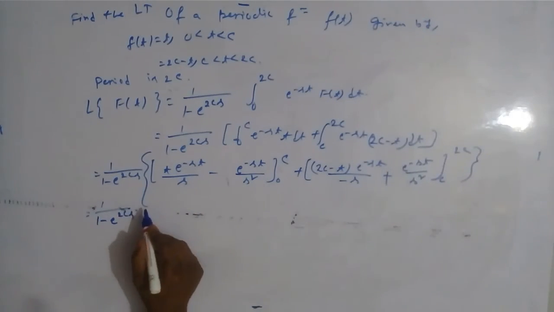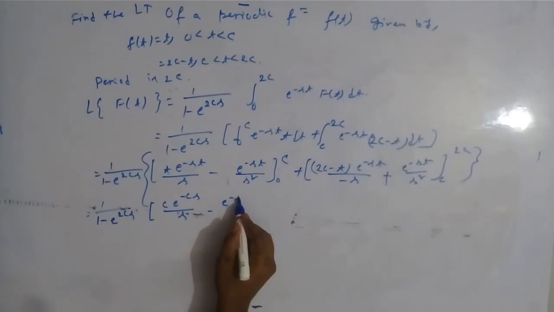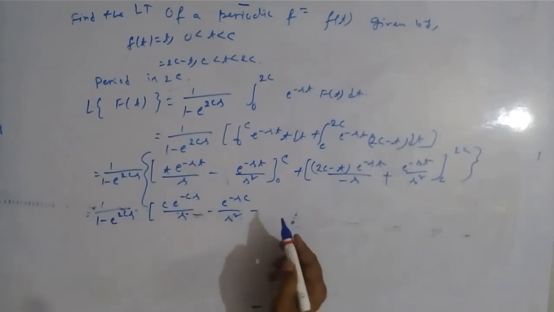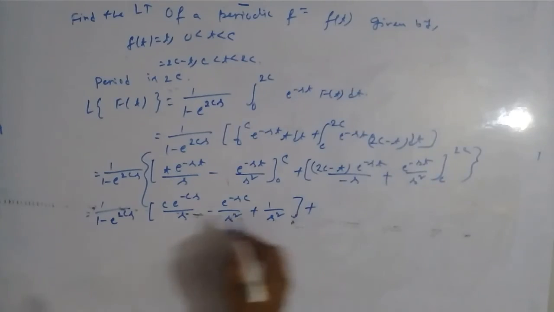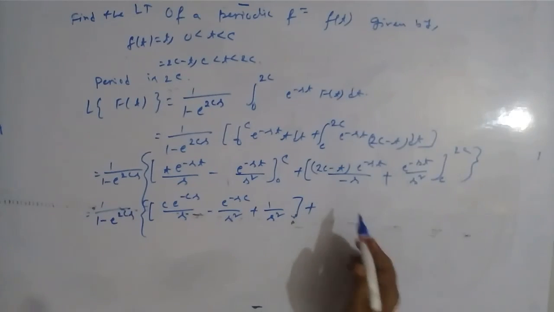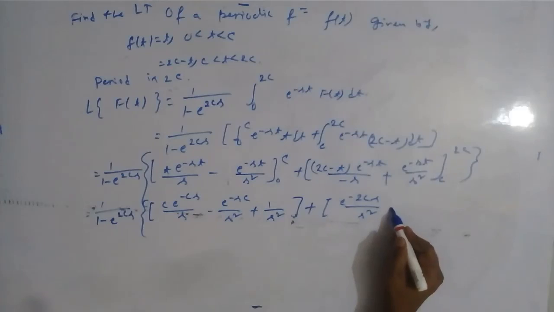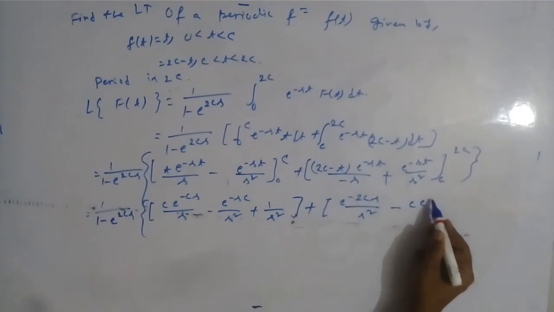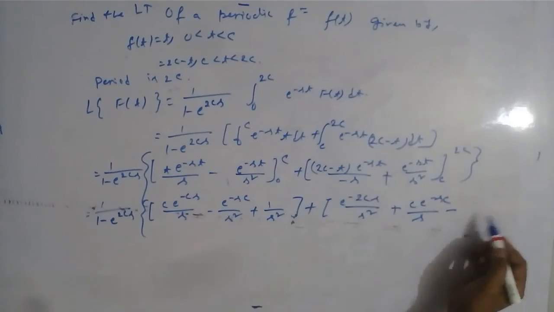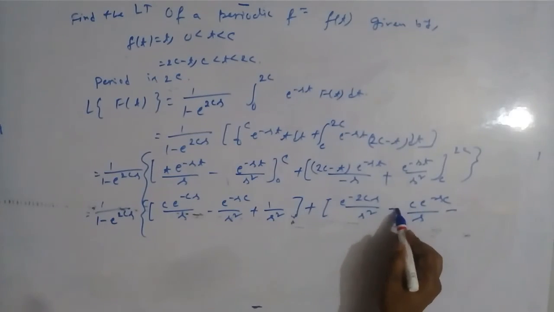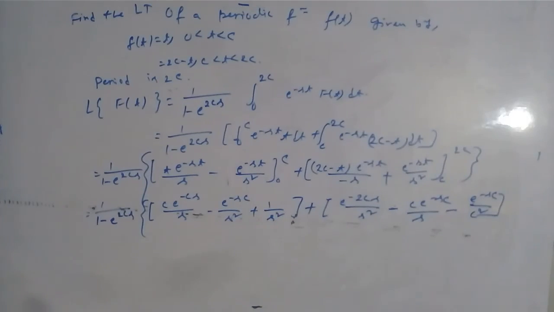If we put c here, it will be c e to the power minus cs by s minus e to the power minus sc by s square, minus, after putting 0 it will be 0 and 1 by s square, plus, after putting 2c in place of t it will be 0 and e to the power minus 2cs by s square, minus, if we put c it will be c e to the power minus sc by s plus e to the power minus sc by s square.